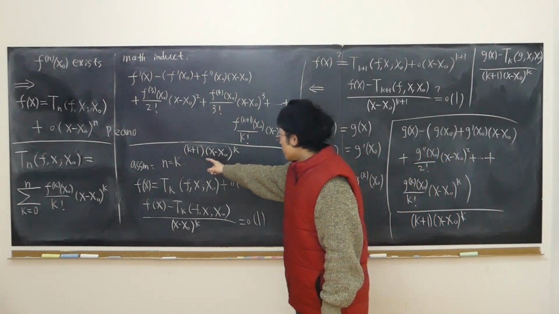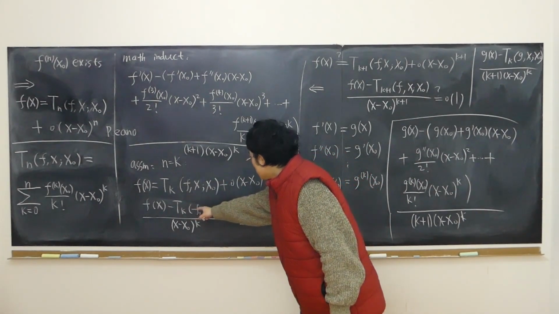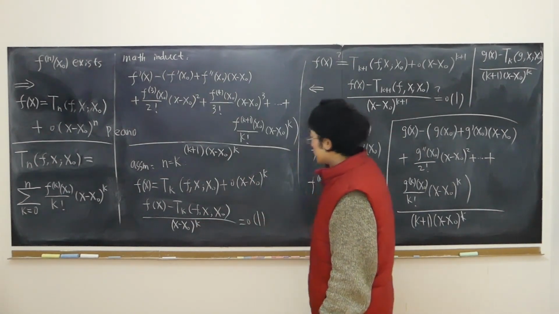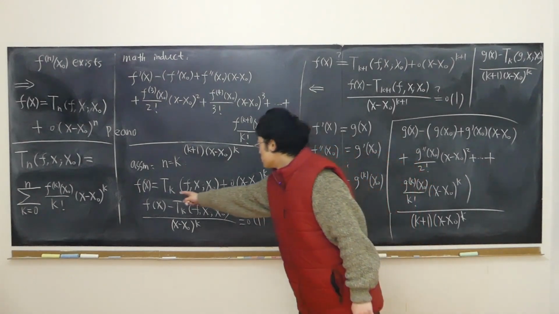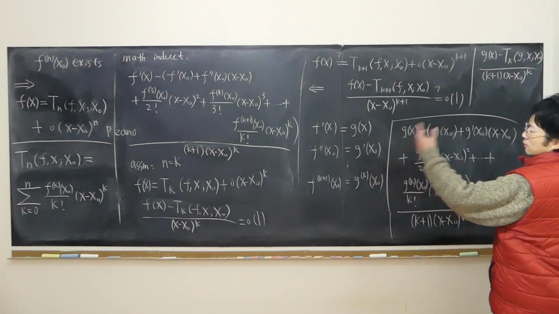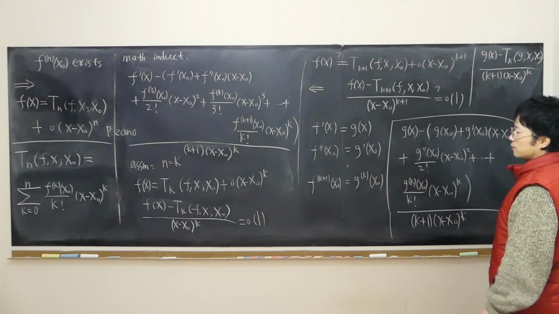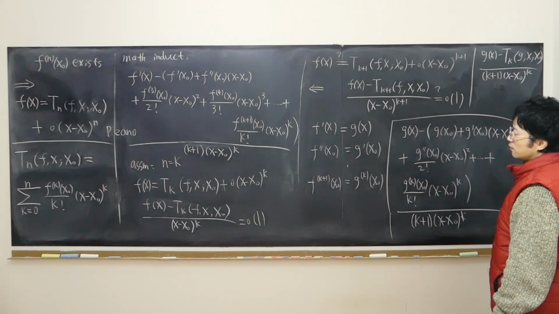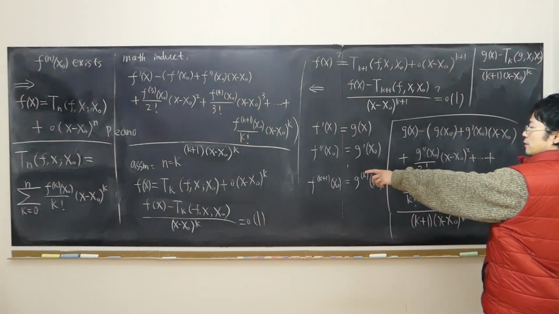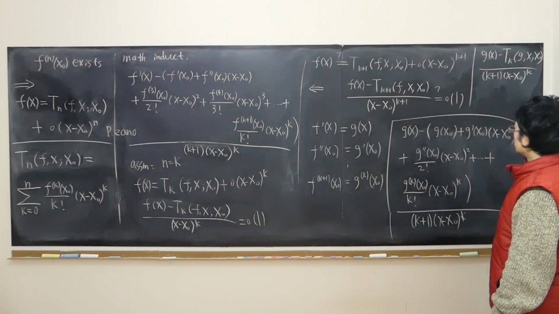Using our assumption, I've rewritten our assumption into the following: f minus T k f of x over this is an infinitely small amount. The only difference here is that I use f there and I have g here. Same thing, same degree Taylor polynomial, same variable x, same point x naught. Bottom is the same.